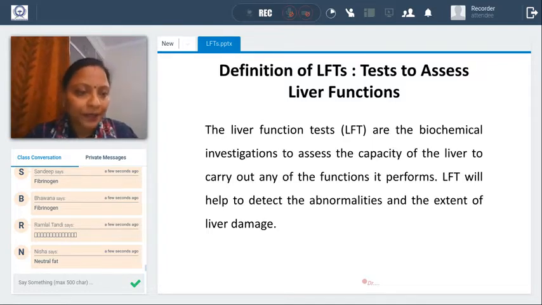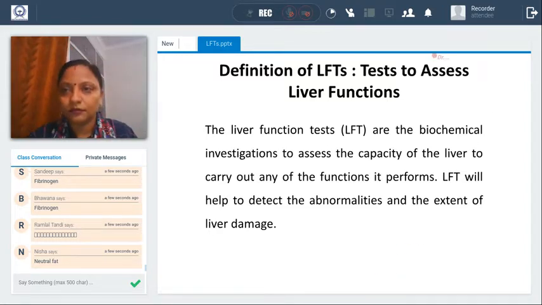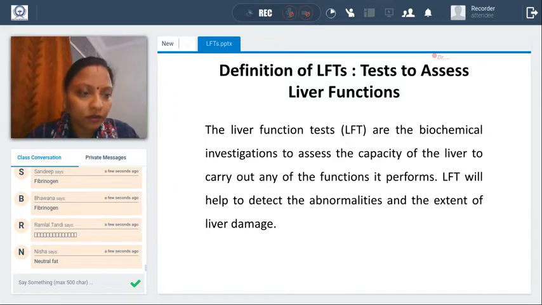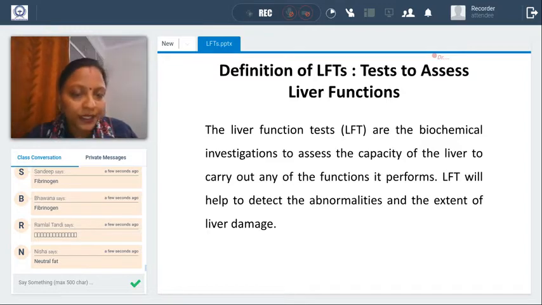So what is LFT? Please write in the box. Definition of LFT. Am I audible to all of you? Pankaj Kumar, yes, please.